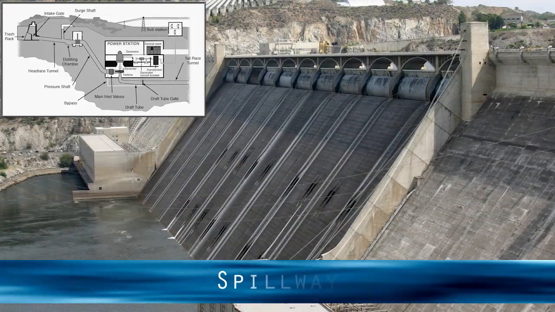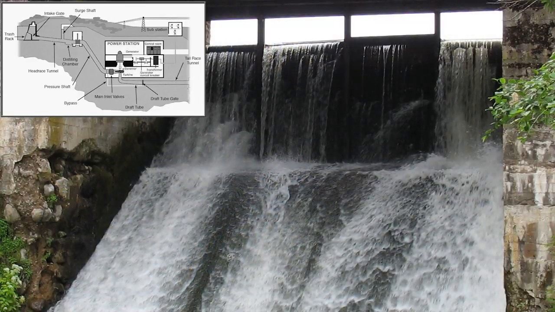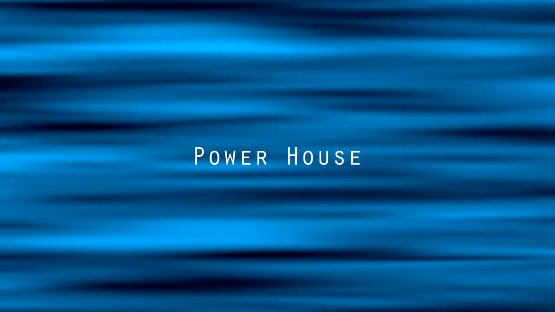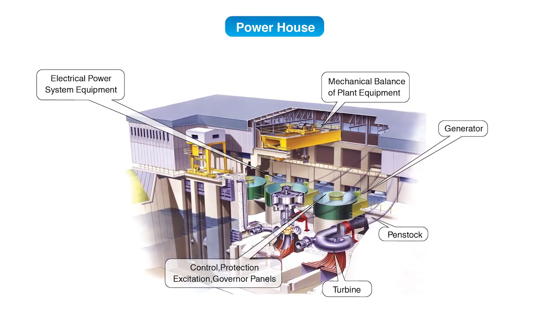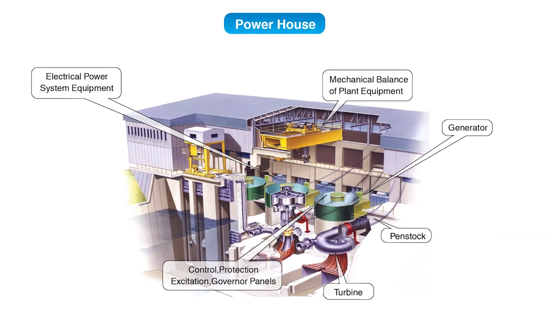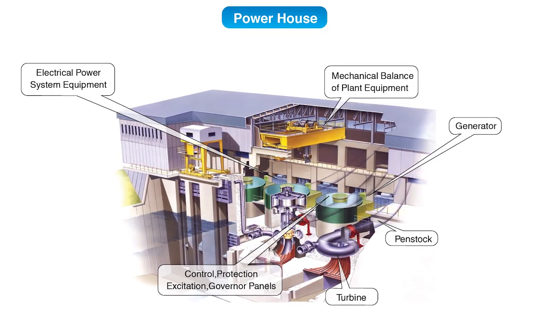Spillway: its function is to discharge surplus water to prevent damage to the dam or the powerhouse. Powerhouse has the turbines, generator, control and protection equipment and other auxiliaries for operating the machines.